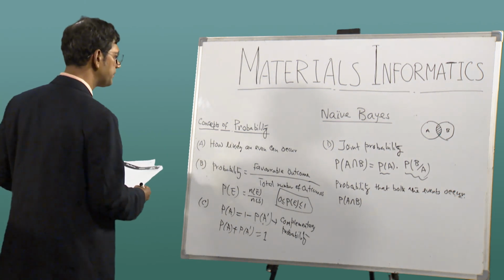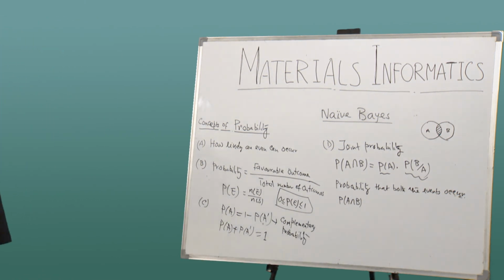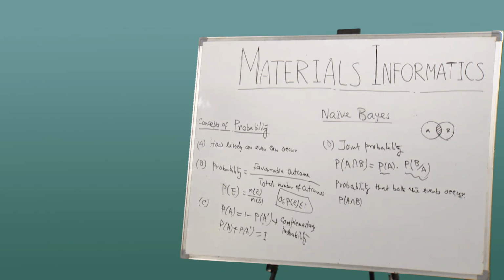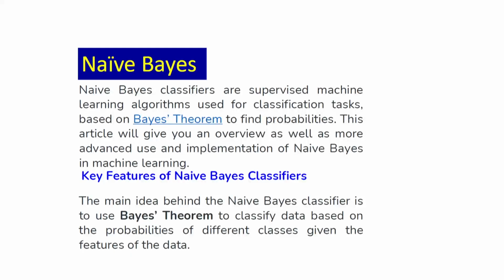Let us talk about what is B by A then and what is the conditional probability. I hope you understand what the joint probability is. Now, the probability for an event A to occur under the condition that event B has already occurred is called conditional probability. Okay, that is what it is.